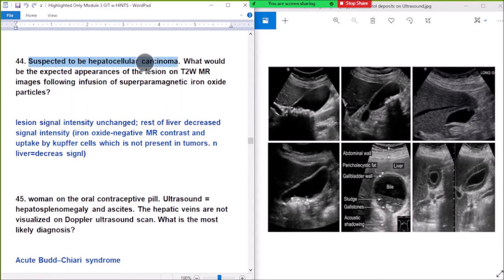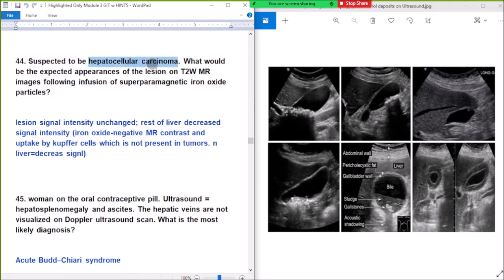Suspected hepatocellular carcinoma. What would be the expected appearance of the lesion on T2 weighted MR images following administration of superparamagnetic iron oxide particles? Lesion signal intensity is unchanged, and the rest of the liver shows decreased signal intensity. Iron oxide is a negative MR contrast agent taken up by Kupffer cells, which are not present in tumors, so the liver shows decreased signal.